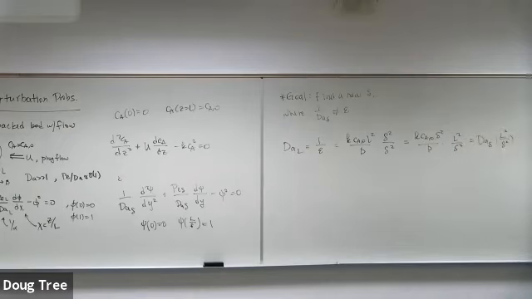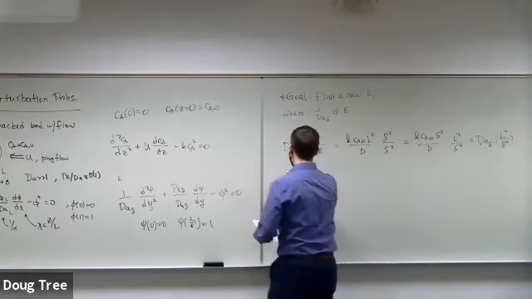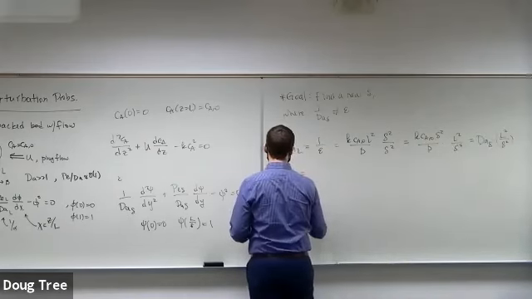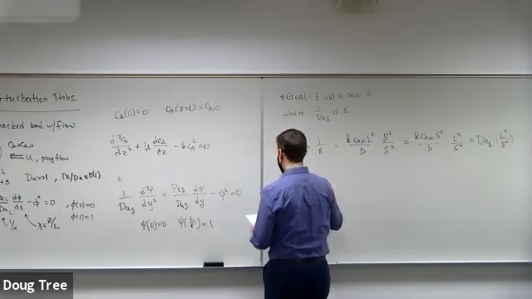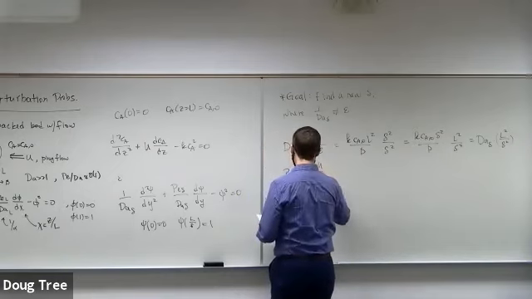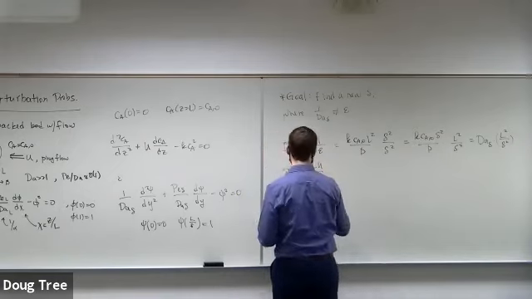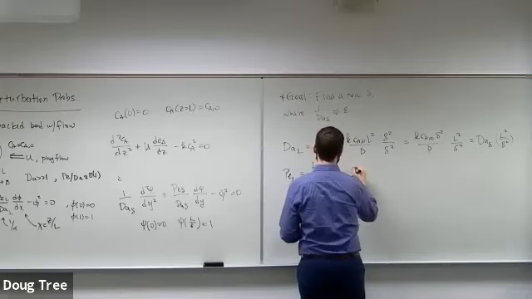Okay, I can do the same thing for the Peclet number. Peclet L was equal to, what is it? It was L U over D. Is that right? L U over D. I'm going to play the same game.